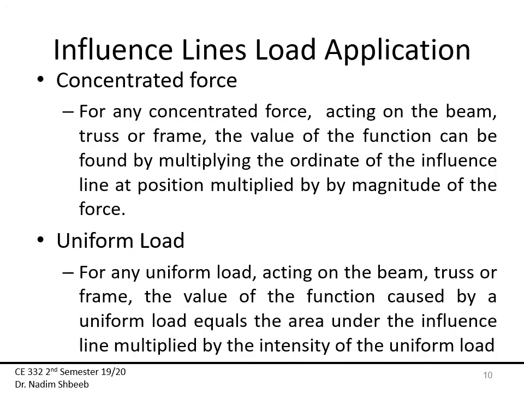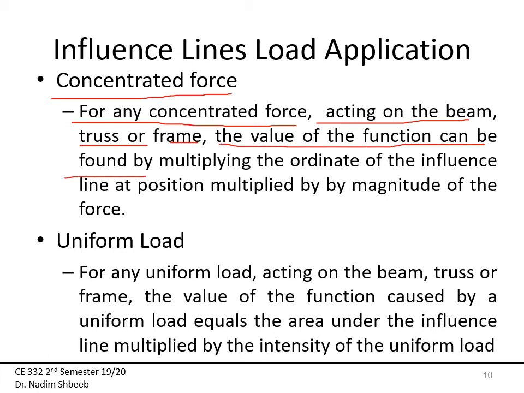Now, how am I going to use this? I have two cases. One, when I have only a concentrated force applied to the beam. For any concentrated force acting on the beam, truss or frame, the value of the function can be found by multiplying the ordinate of the influence line at the position by the magnitude of the force.